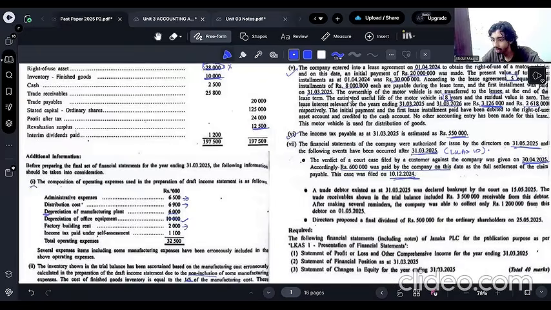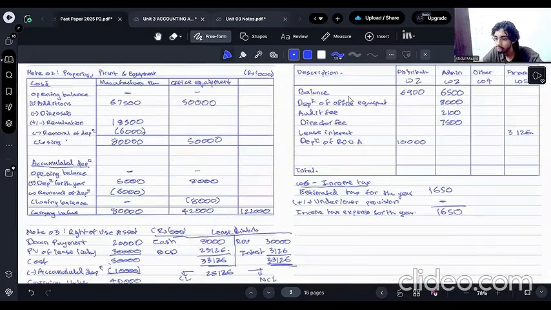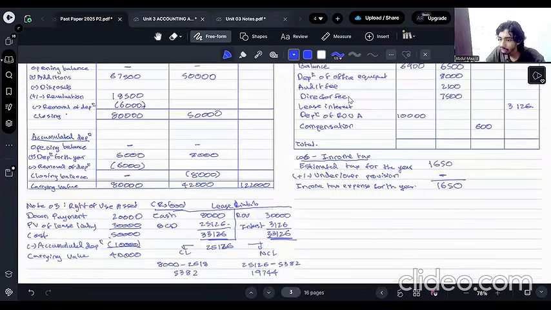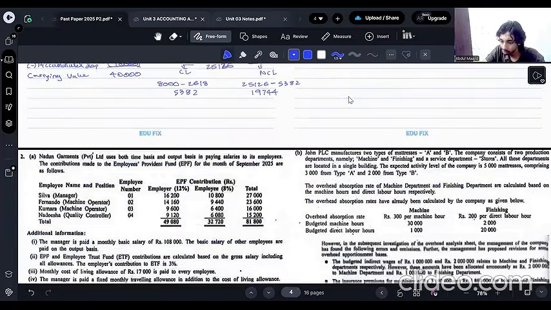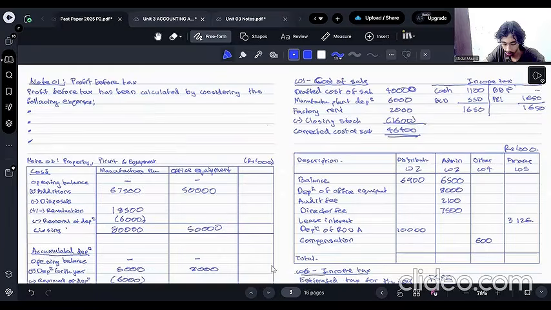And under other expense, you can say compensation 600,000. Now this was paid after the reporting period. The reporting period is 31st March 2025. We paid it on 30th of April, so that's in the future. So on 31st of March, we will show it as a liability because it was not paid during the year.